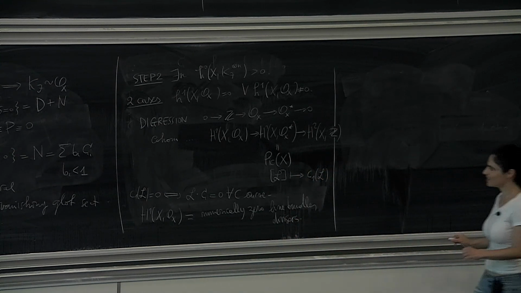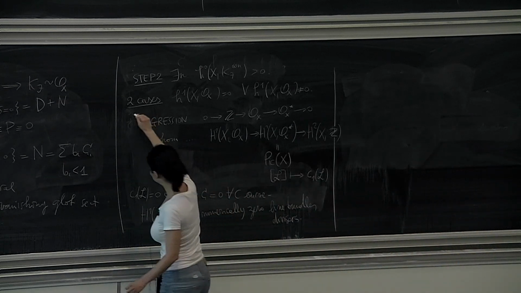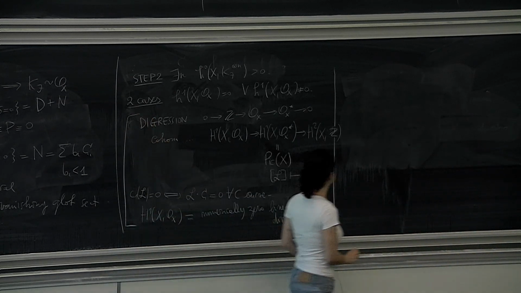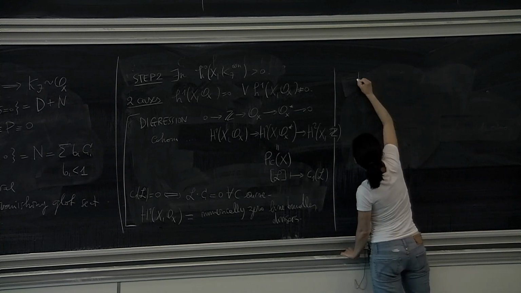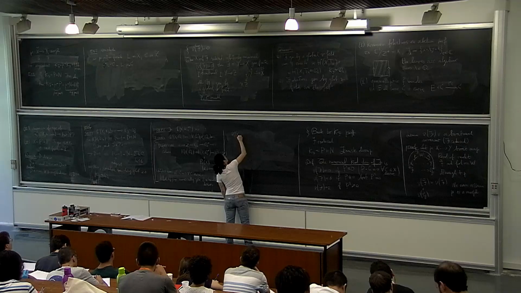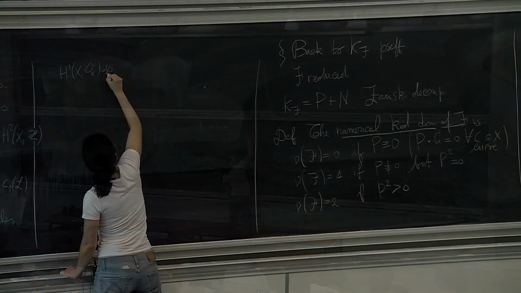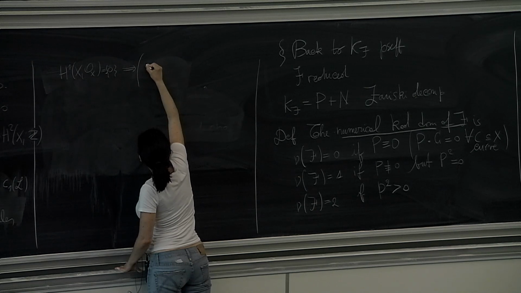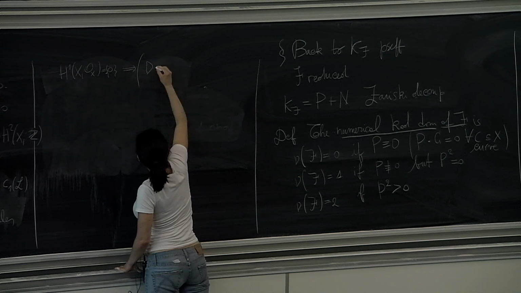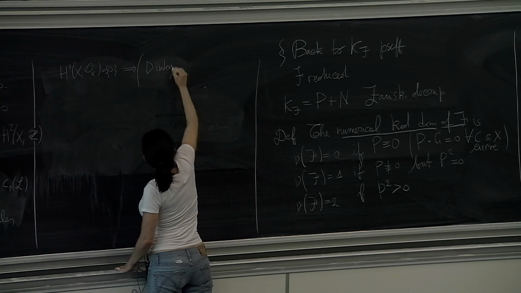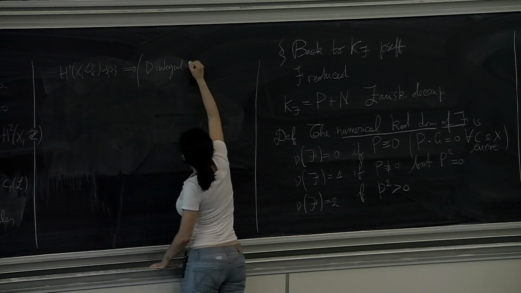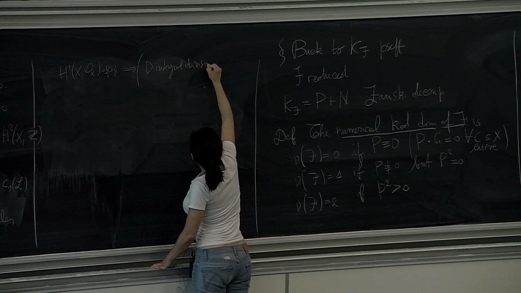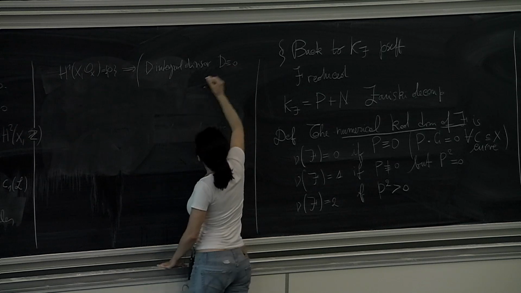Okay, so this is the end of the small story. So what does it mean for the H1 to be 0? It means that if we have D, an integral divisor, which is numerically 0.